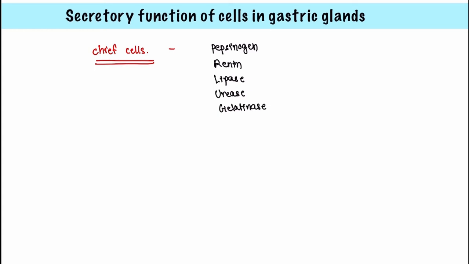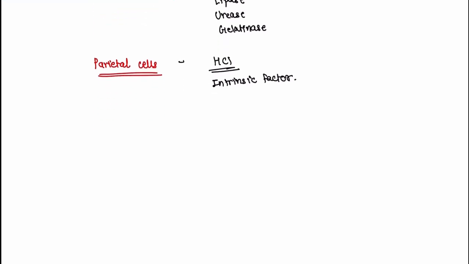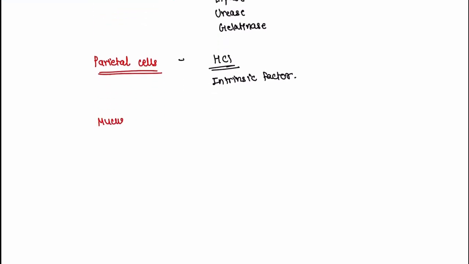Second is parietal cell, which secretes hydrochloric acid and intrinsic factor. Third is mucous neck cell, which secretes mucin.